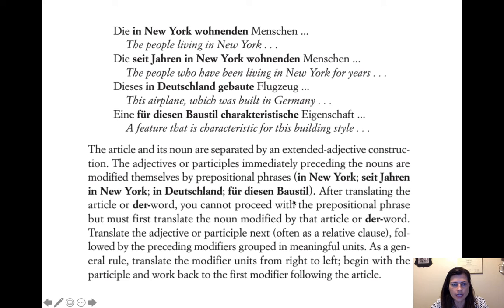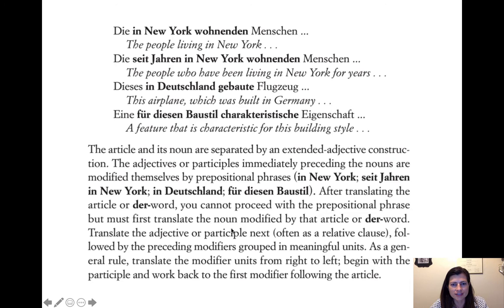And after translating the article or der word, so dieses, that's a der word, right? Die, eine, all those articles, you cannot proceed with a prepositional phrase because then it would sound like you were word for word translating this very uniquely German construction, right?